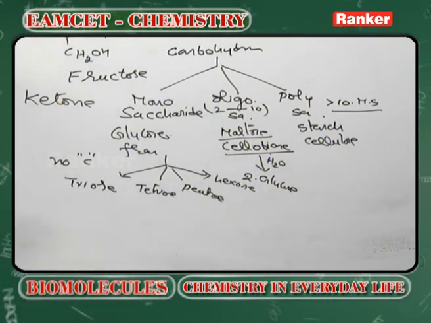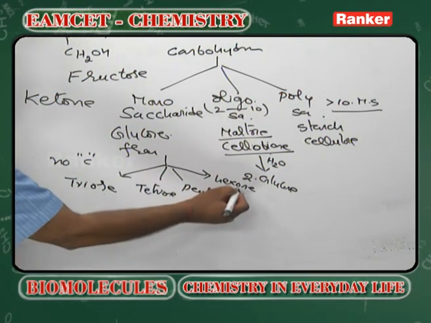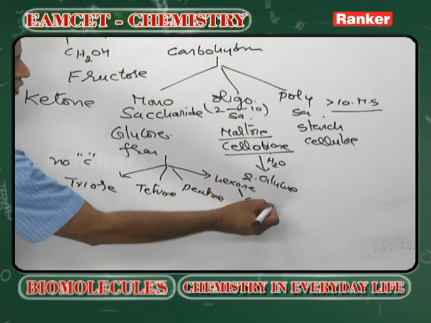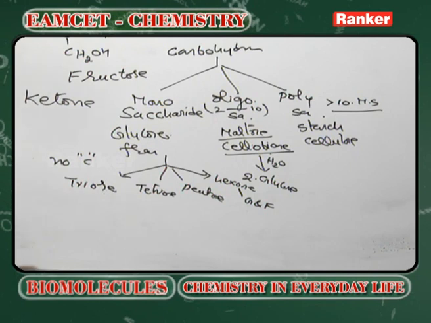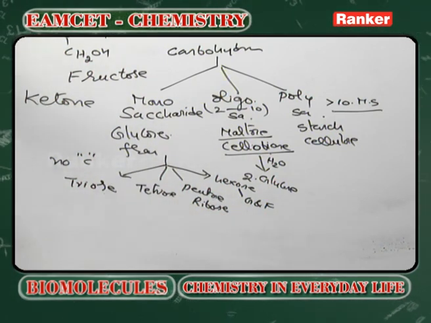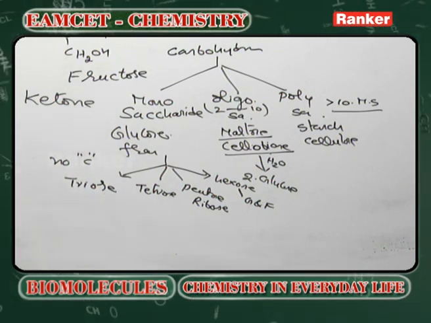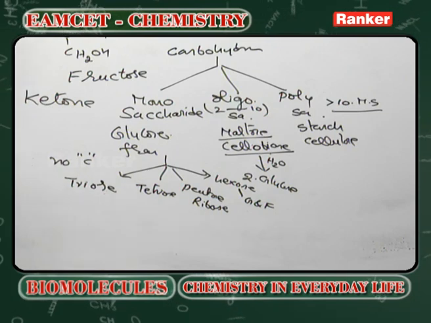In the hexoses we have glucose and fructose. In pentoses we have ribose, which is important in DNA and RNA construction. In tetroses we have erythrose and threose. Triose example is glyceraldehyde.